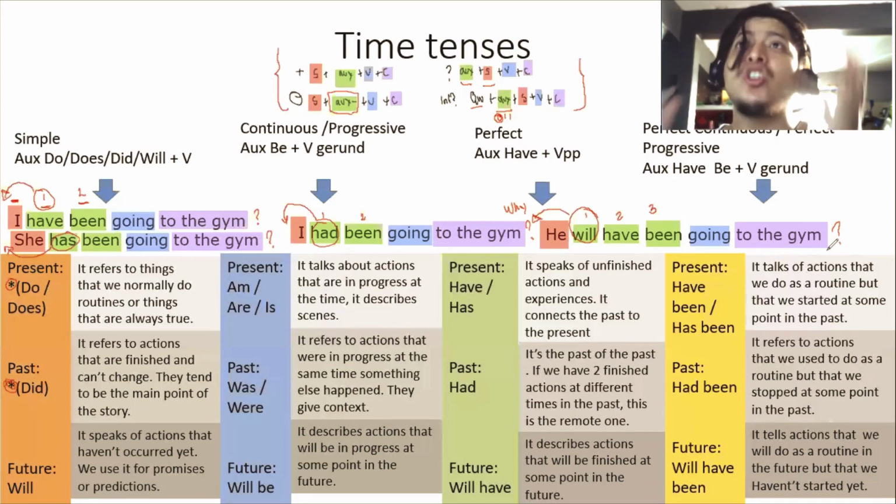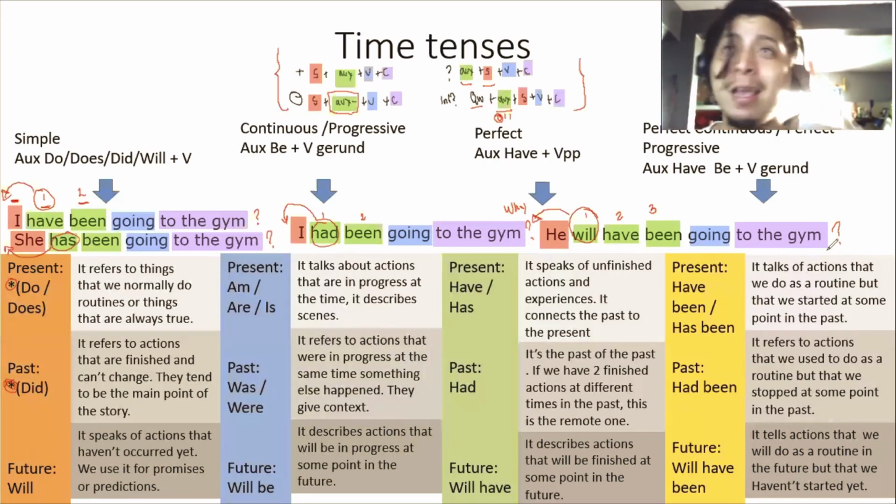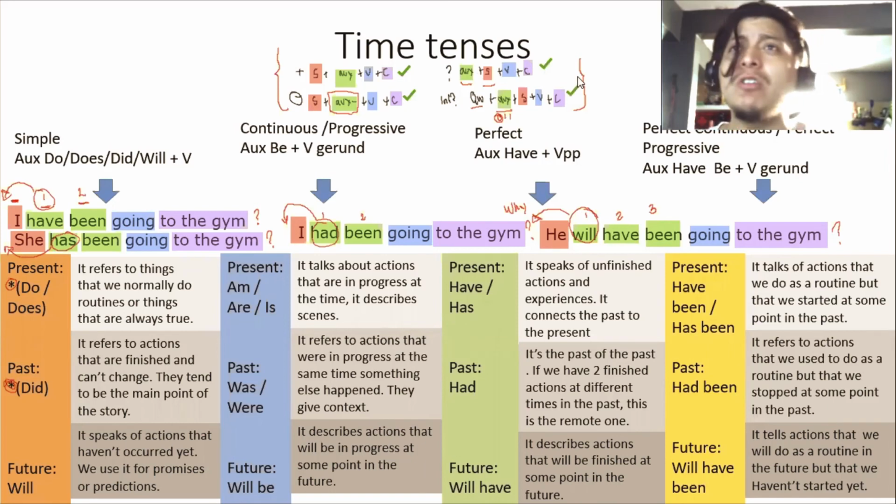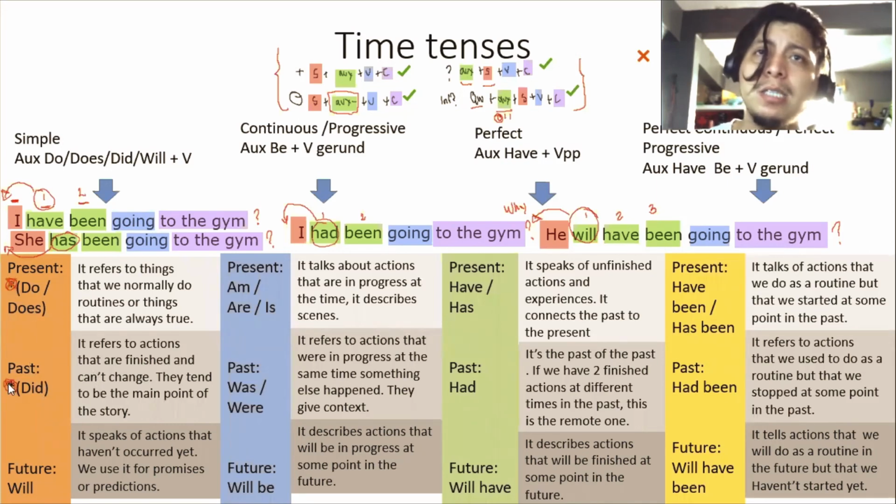This is pretty much all 12 tenses in English. The most important part is that we always use the same variations. The structure is respected in every one of the 12 tenses. The two most difficult ones, the two that have some exceptions, are the simple present and the simple past.